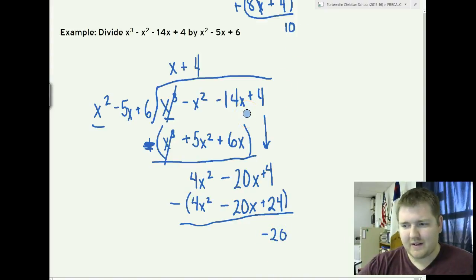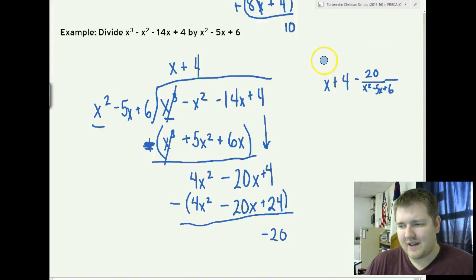So I have a remainder of negative 20. My answer up here was x plus 4. So just like last time, x plus 4 minus 20 over x squared minus 5x plus 6. And that's how I can figure out my factor for that problem.